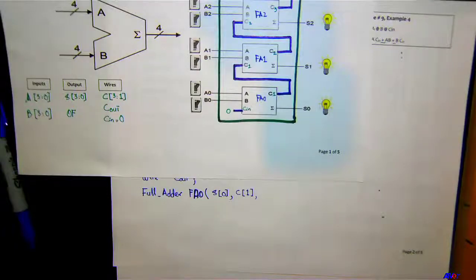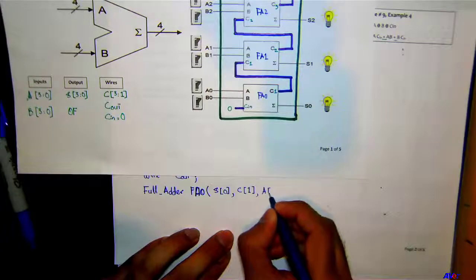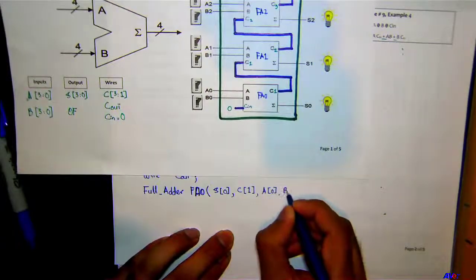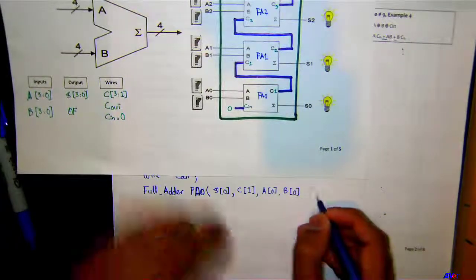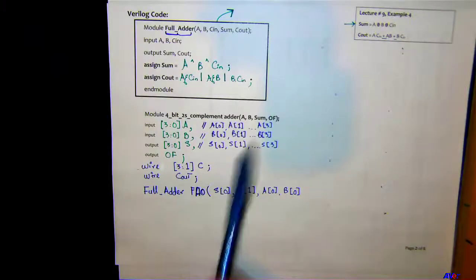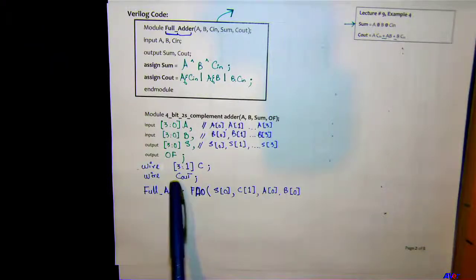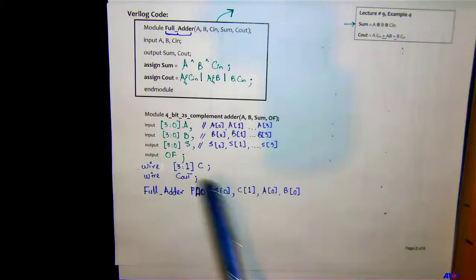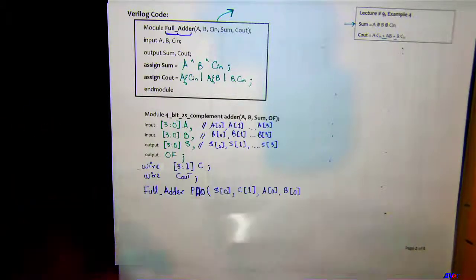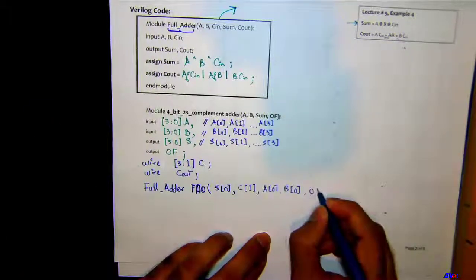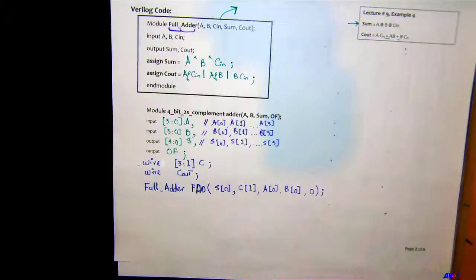Come on, look at the block diagram. What are the inputs going in? Yes, Sri. So A0, B0. Notice I actually didn't have my Cn as a wire. If you like, you can, but since I forgot it, anyhow it's 0, so I can just write 0. Okay, all right.